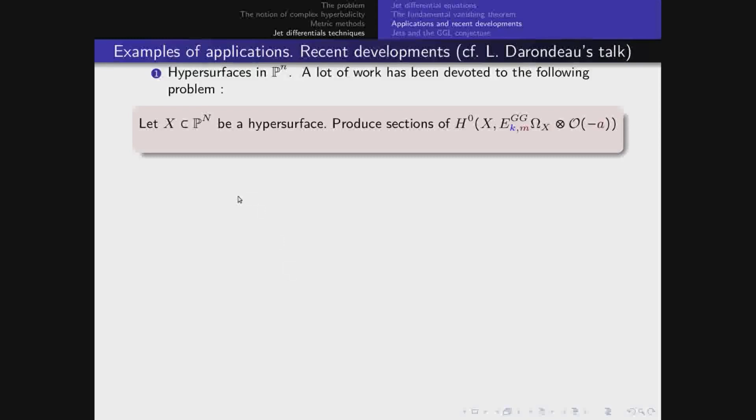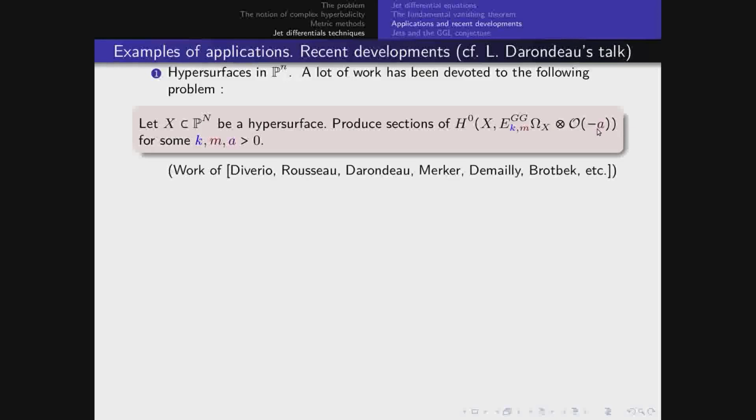So you have a hypersurface and you want to produce sections of these vector bundles, holomorphic differential equations vanishing along some ample line bundle. And so Simone Diverio, Erwan Rousseau, Lionel Darondeau, Joël Merker, Jean-Pierre Demailly, Damian Brotbek, and many other people have worked on this problem, and it has given recently very strong hyperbolicity results.